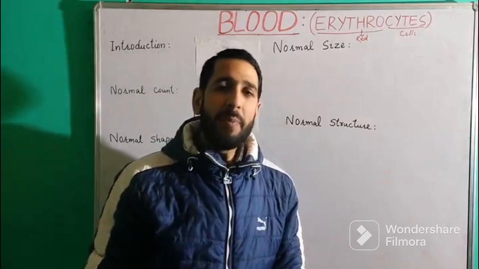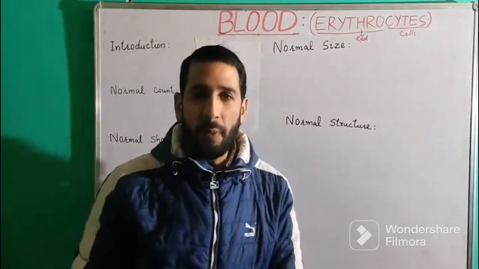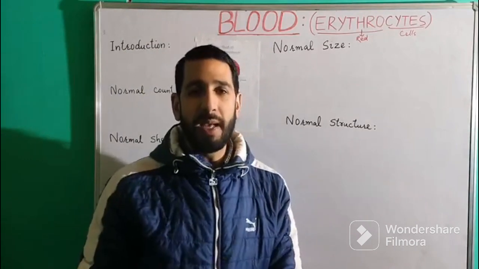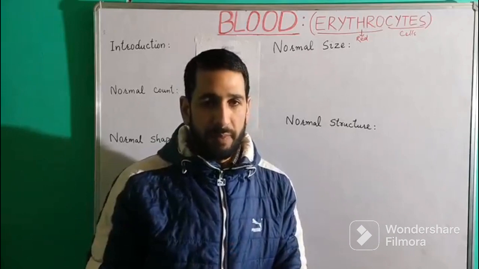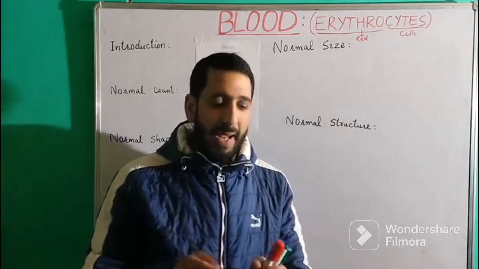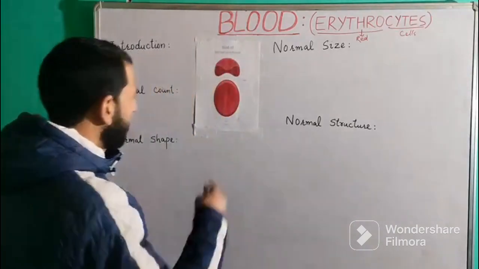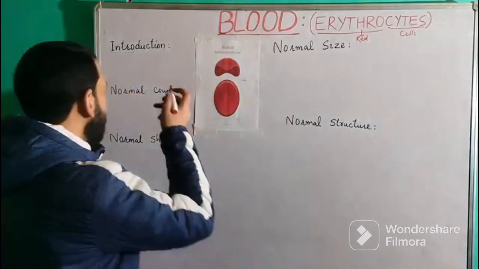Among all three types of formed elements, or blood cells, red blood cells are the most abundant type of cells present in the blood.